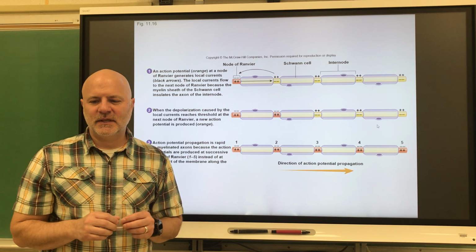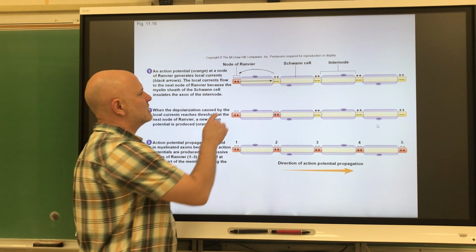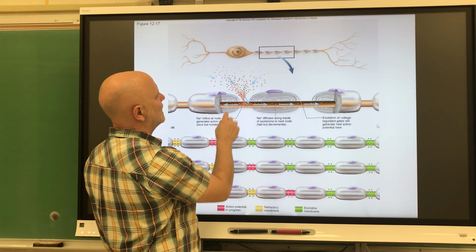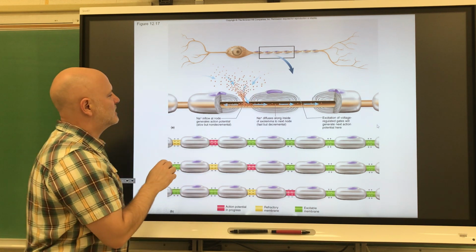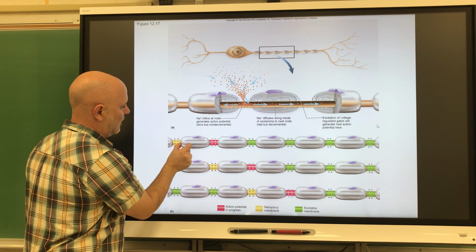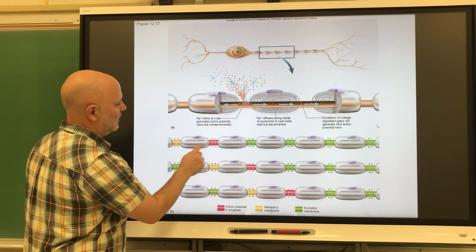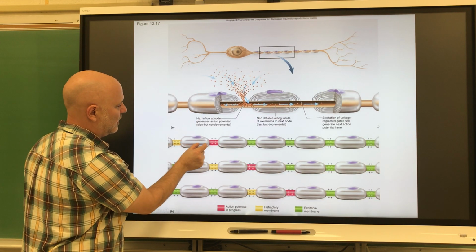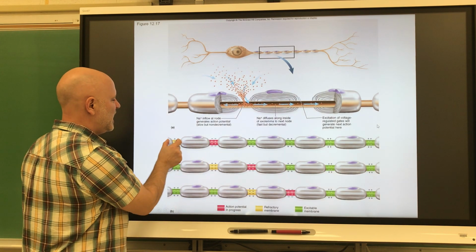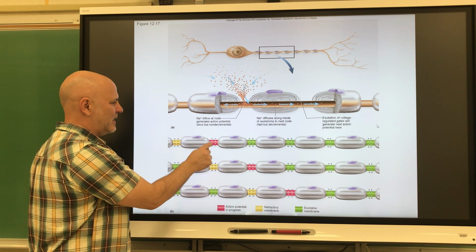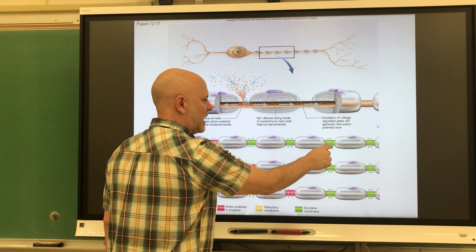So in a myelinated area, if we go to this next picture, instead of the impulse moving from here to here to here and so on, it's going to skip from this node to that node to that node to that node.